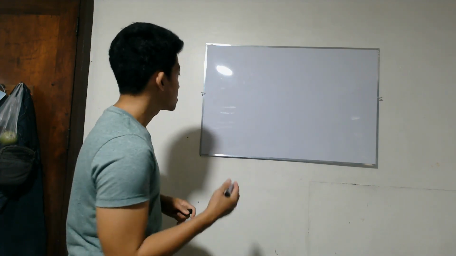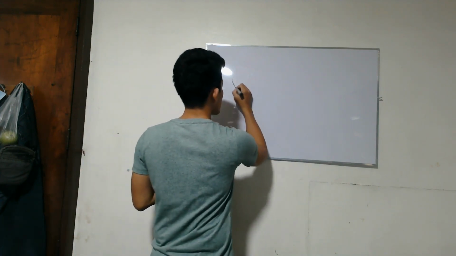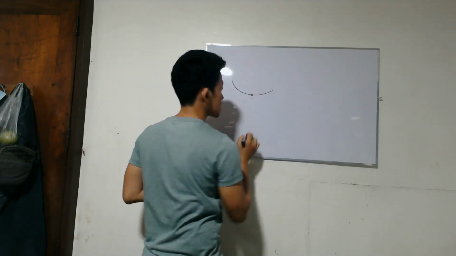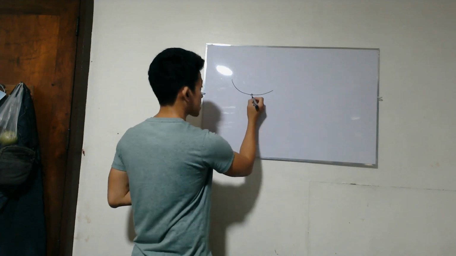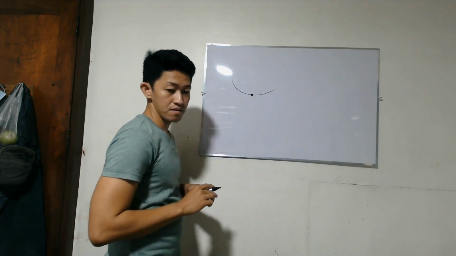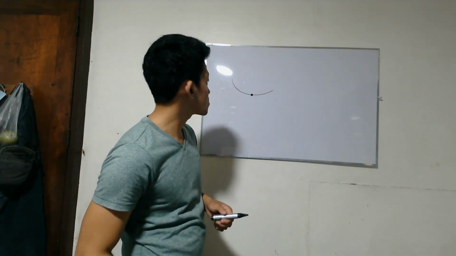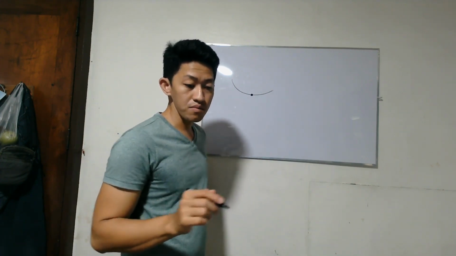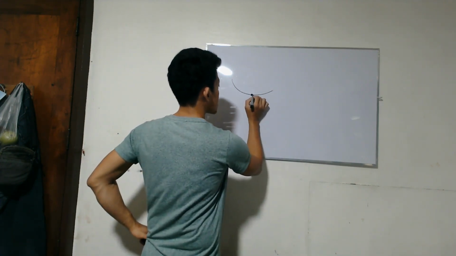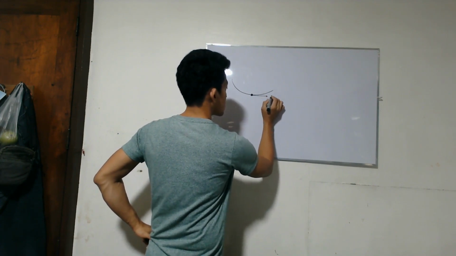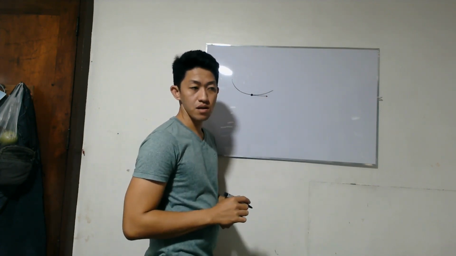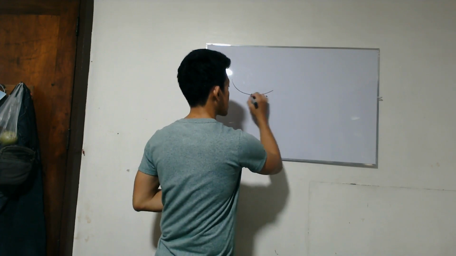So if you recall, this is your object. The component of the velocity is along the tangent of this curve.